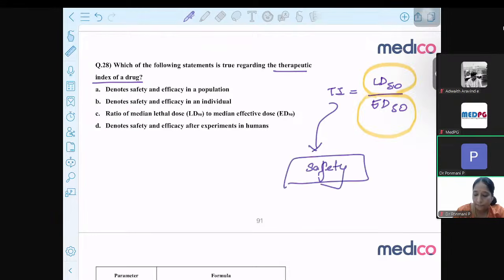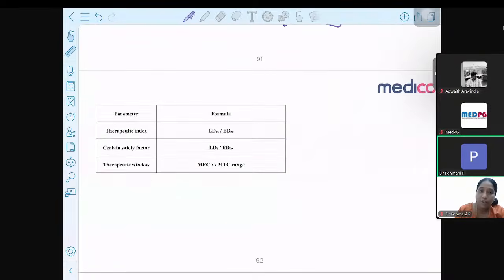Please remember. Are there any other measures of safety? Yes. In addition to therapeutic index, you have something called the certain safety factor. What is the certain safety factor? Certain safety factor is LD1 by ED99. That is the lethal dose which produces lethality in 1% of the subjects, and the dose which produces an effective response in 99% of the individuals.